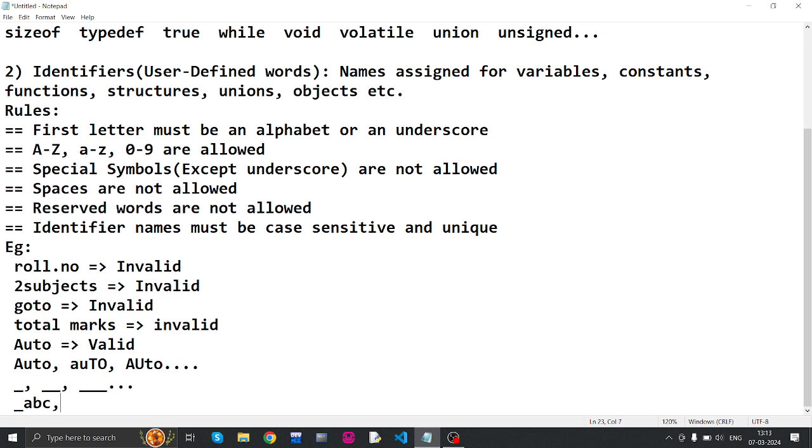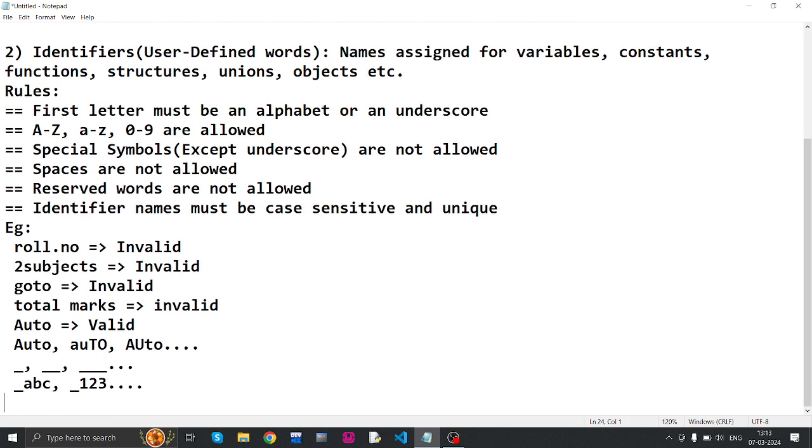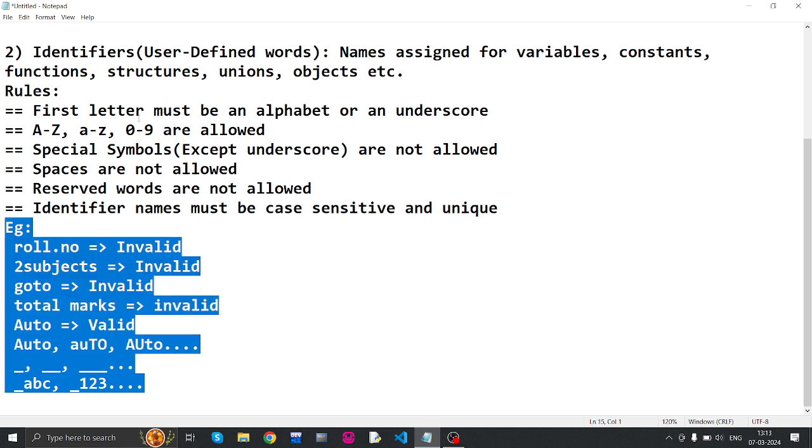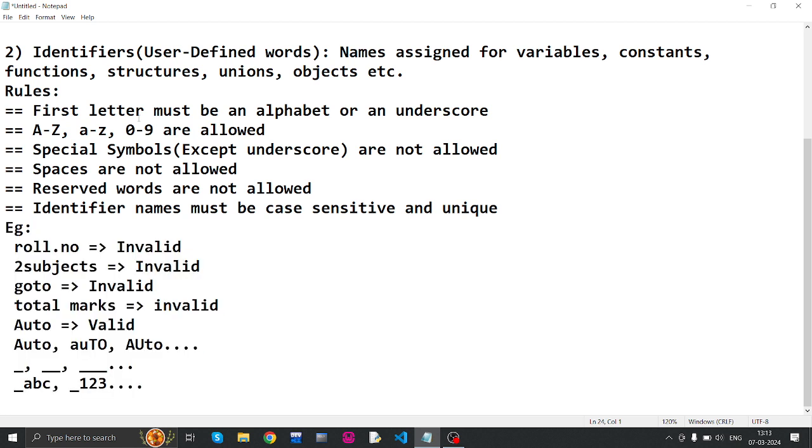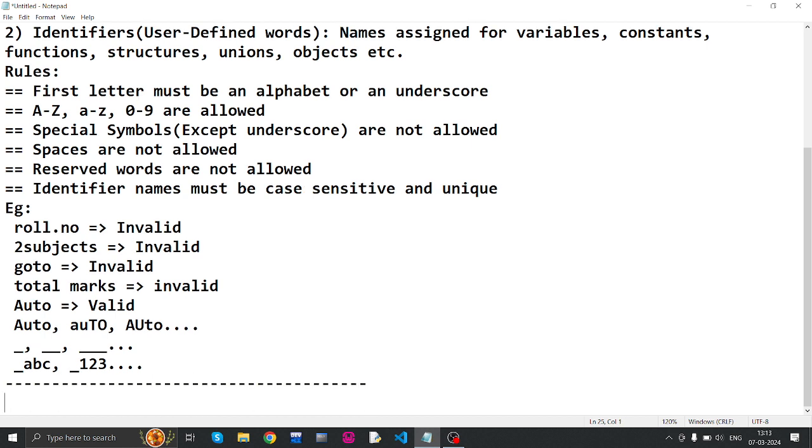Underscore ABC, underscore 123, these are valid identifiers. So the second set of tokens supported by the C programming language, they are identifiers, just we can describe like this.